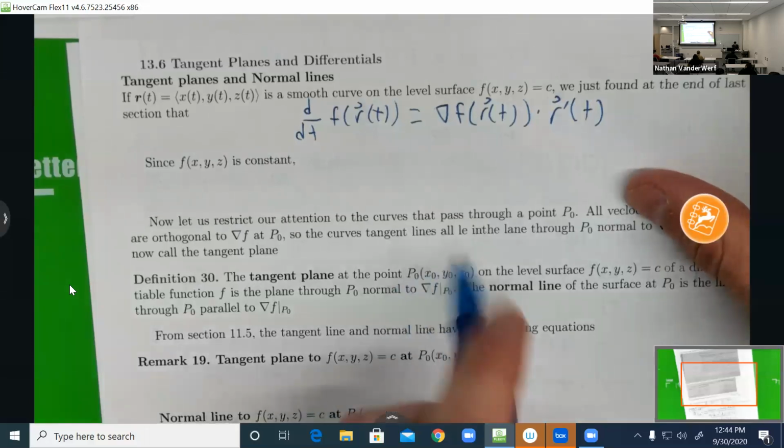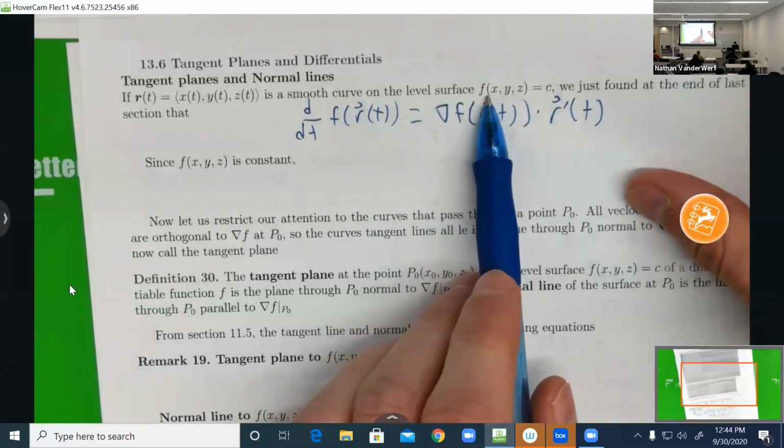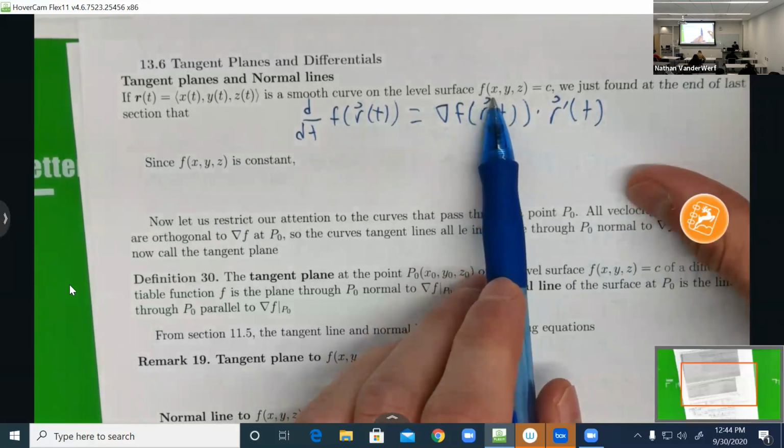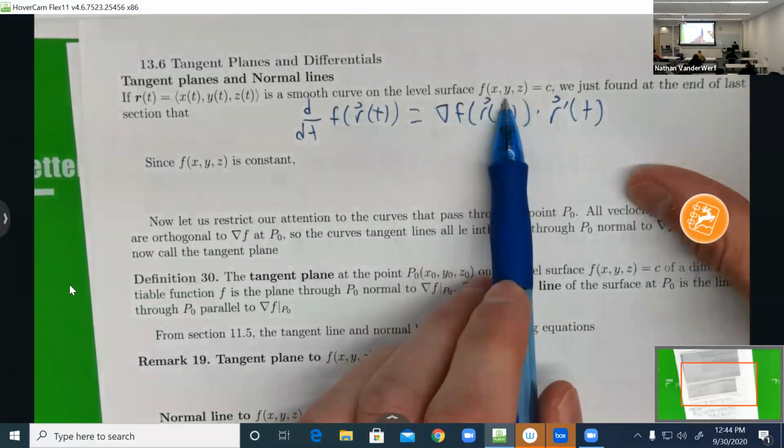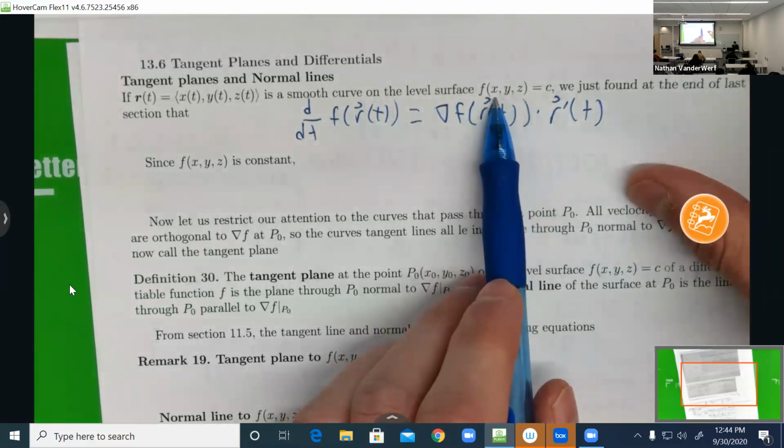So now let's assume that we are actually on a level surface of this f of x, y, z, because with level surfaces in 3 variables, we can at least visualize what it looks like. Remember that the graph of f of x, y, z would be something in 4 space, like a volume in 4 space.